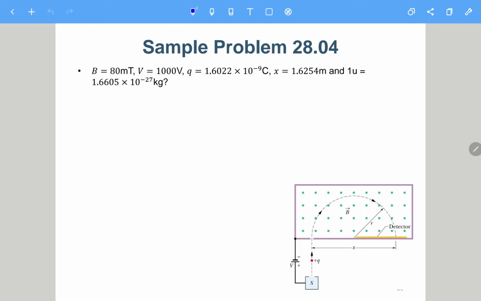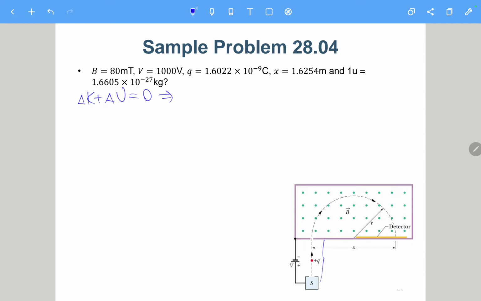Here we will assume conservation of energy inside this part, which means delta K plus delta U should be 0 for this part.